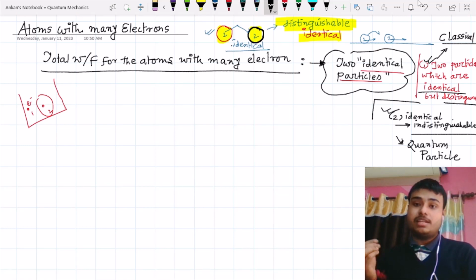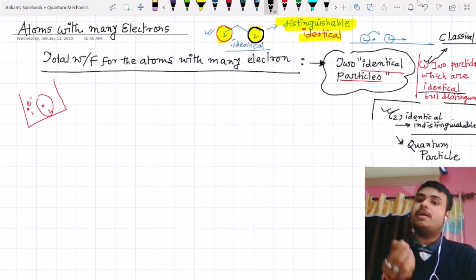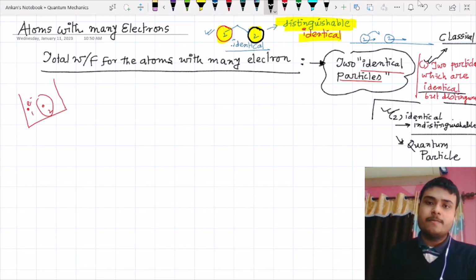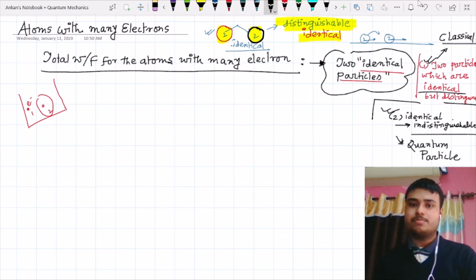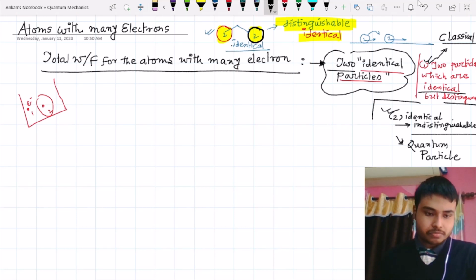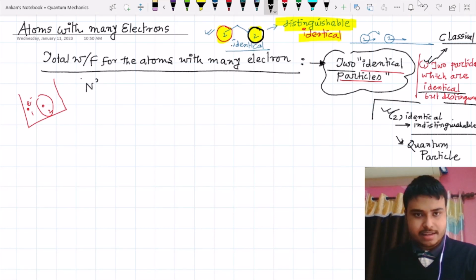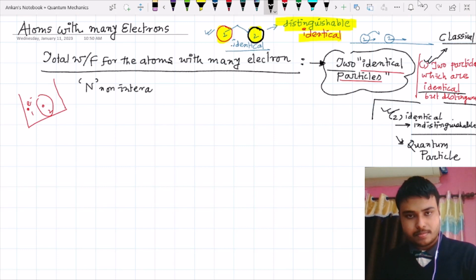From the de Broglie hypothesis we know that every particle itself has a wave nature. So we have to find the total wave function for the atoms of many electrons, where the particles are identical, and for simplicity we consider only two in number. Let us consider the general case, that there are n non-interacting particles present.